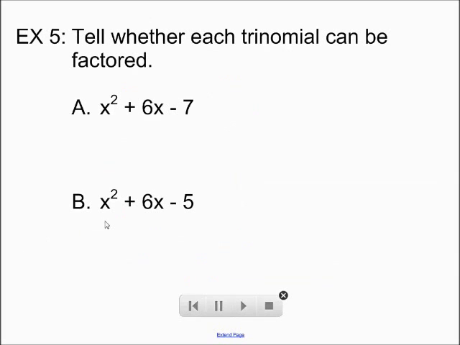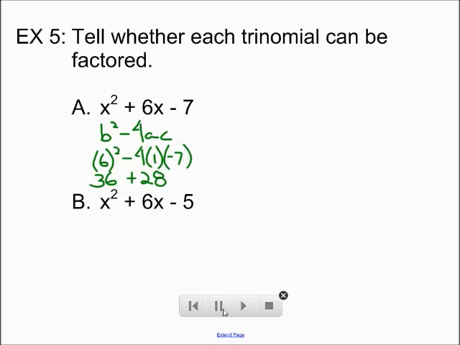All right, one more thing. Not all trinomials can be factored. If you're looking for factors of negative 7 that add up to 6 and you're having a hard time, maybe stop and evaluate the discriminant, b squared minus 4ac, of the trinomial. So in this case, 6 squared minus 4 times 1 times negative 7, which comes out to 36 plus 28, which is 64.